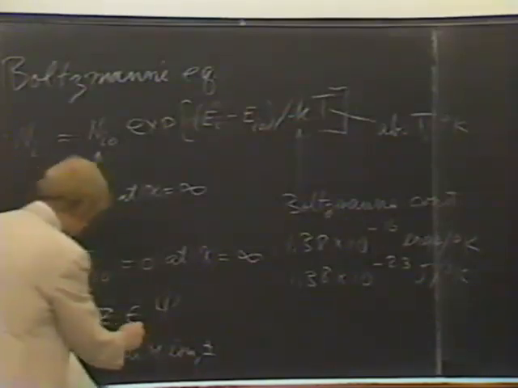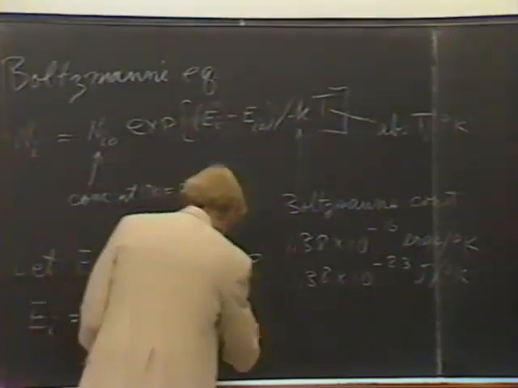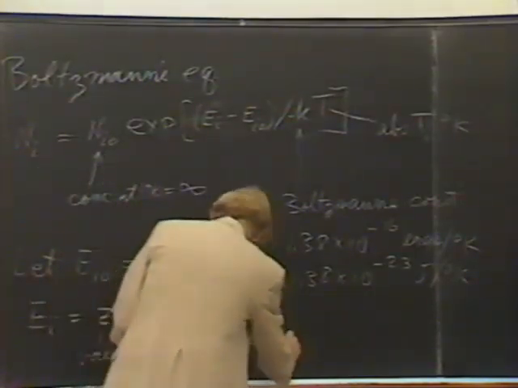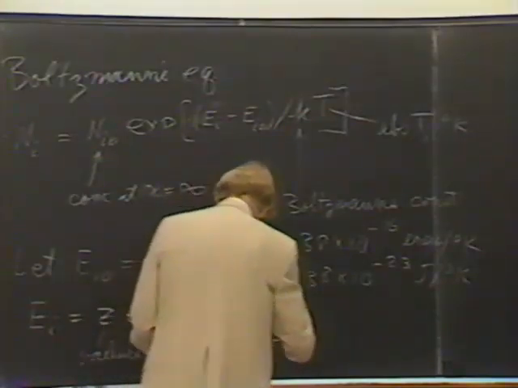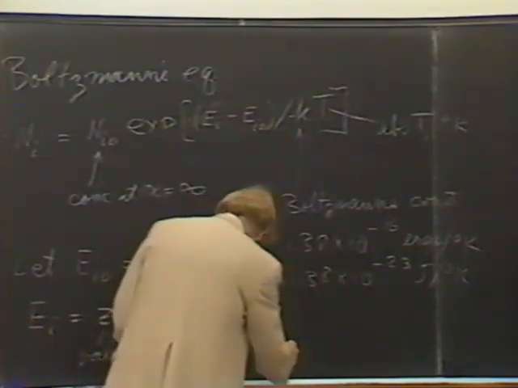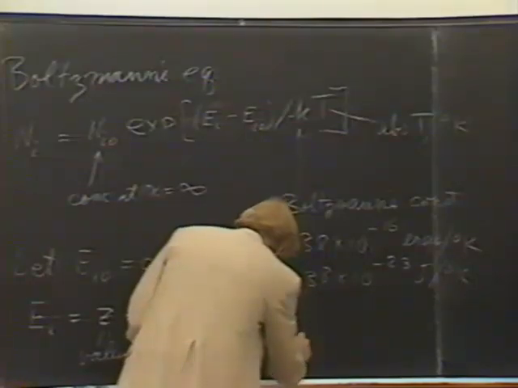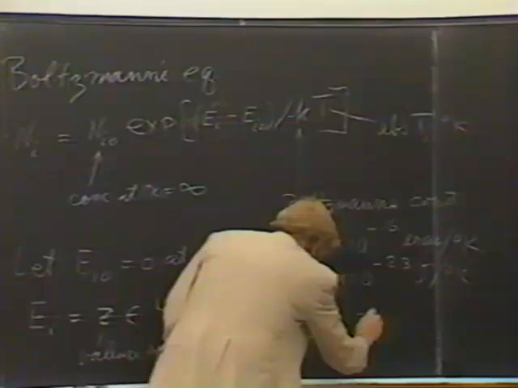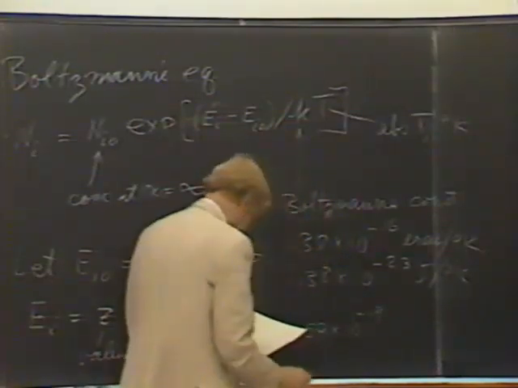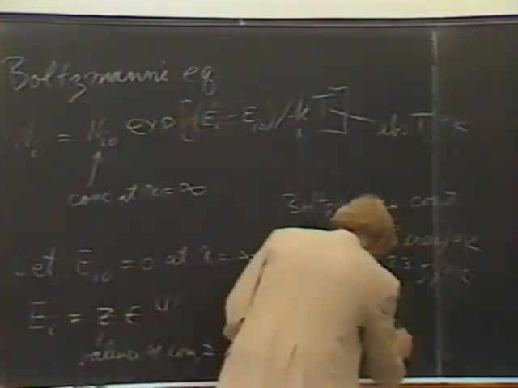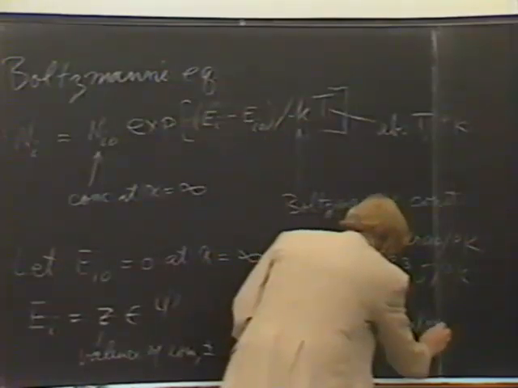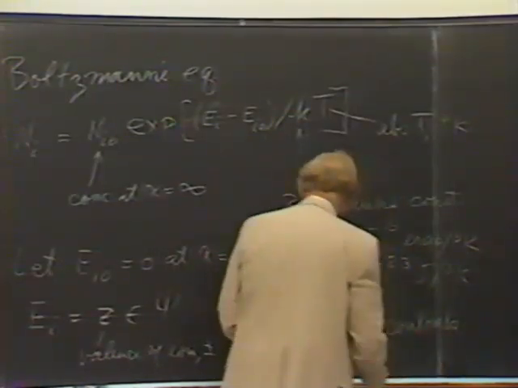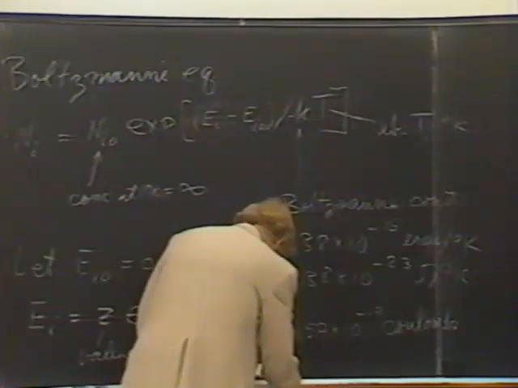It's 1.59 times 10 to the minus 19 coulombs, or 4.8 times 10 to the minus 10 ESU, electrostatic units.